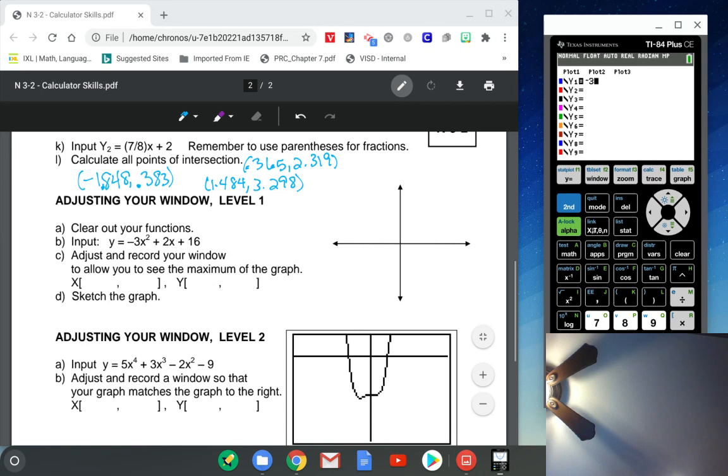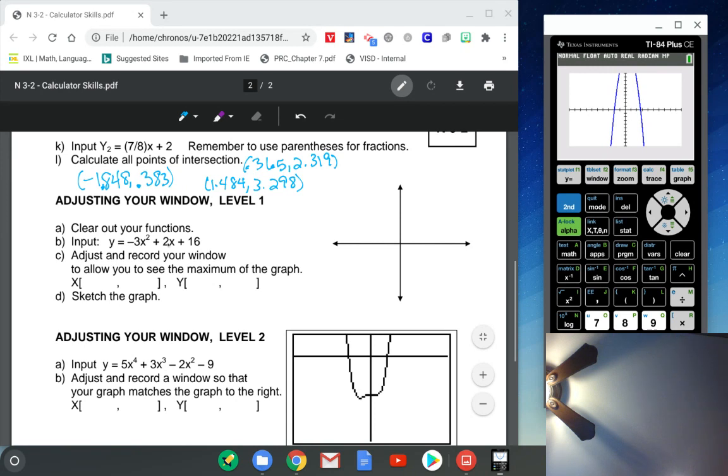So we have negative 3x squared plus 2x plus 16. All right. So let's take a look at the Zoom 6 window, or the graph of this function.